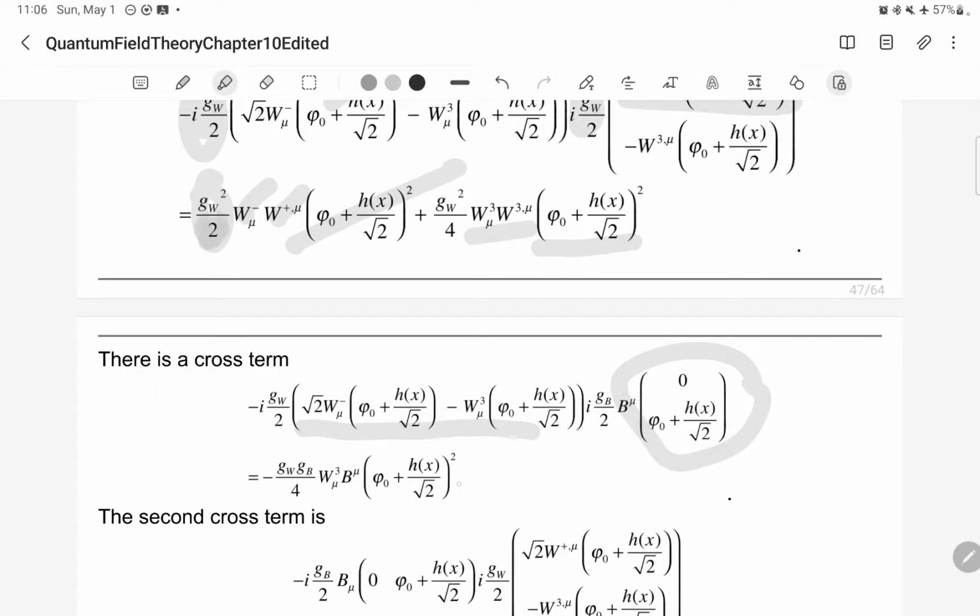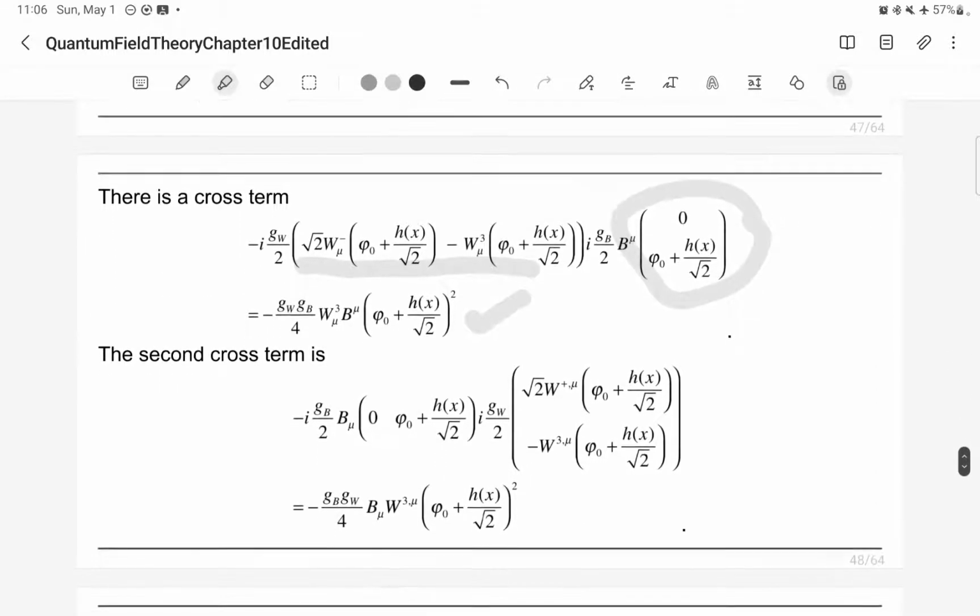So we will have this one here, and the second cross term would be given by this.